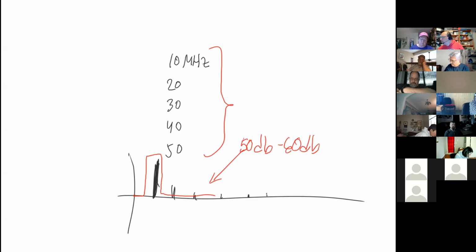which means if I have 1 watt here and I have 60 decibels, this has to be 0.000001 watt of power. So if I don't have good filtering, all of a sudden I'm putting out signals that I'm not supposed to. There's also something called a spurious emission.